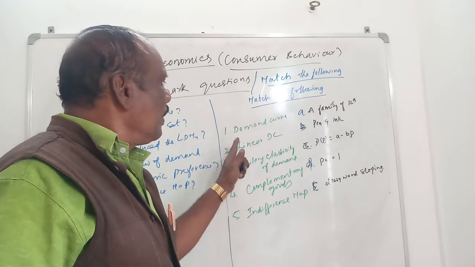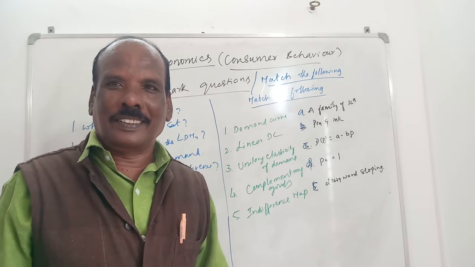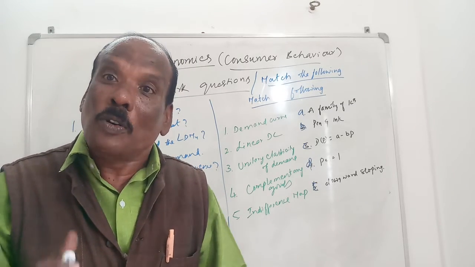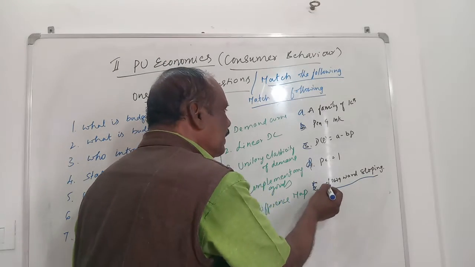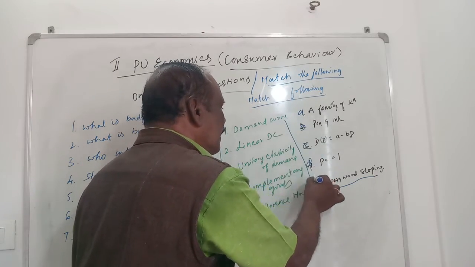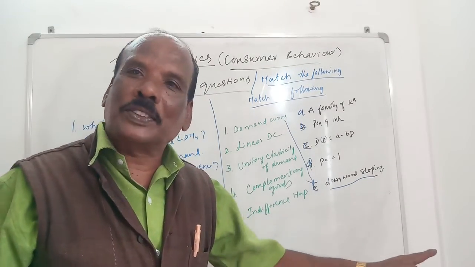Now let's see. Demand curve. What is the shape of the demand curve? How does it slope? It is downward sloping, right? You have to write that the demand curve is downward sloping.